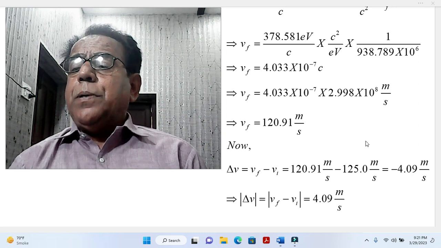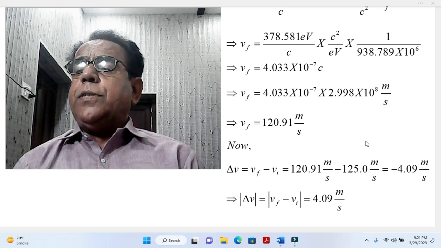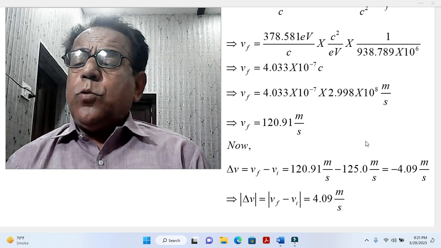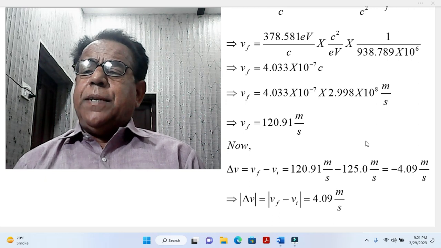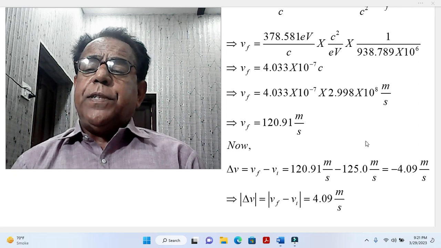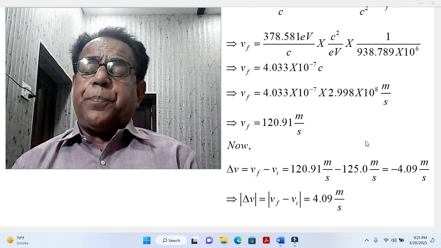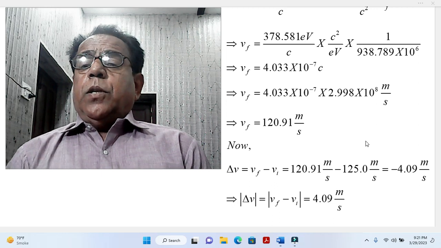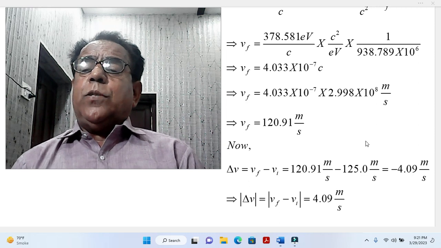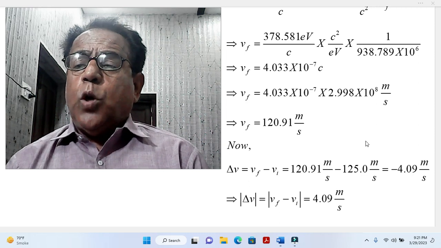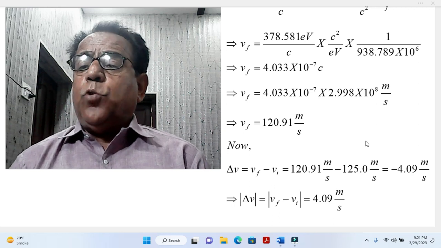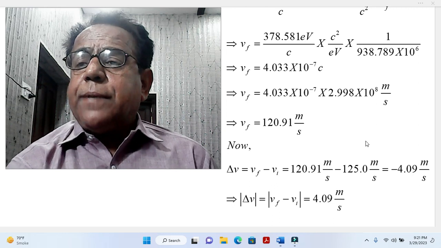Then the result will become equal to plus 4.09 meters per second. However, in order to cover this irregularity, we have taken the absolute value, which is also called the modulus. So the modulus of delta V, that is, the change in speed, is equal to the modulus of Vf minus Vi, which is equal to plus 4.09 meters per second.